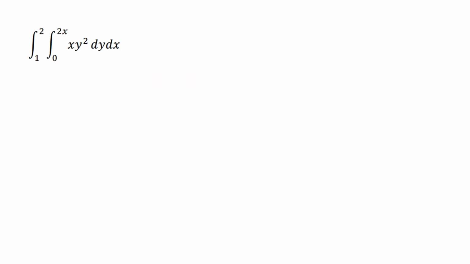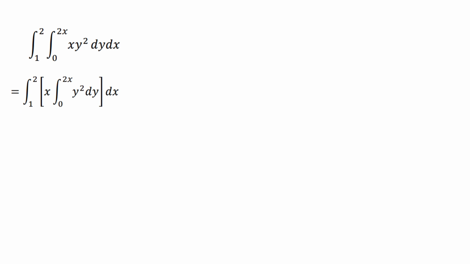Okay, let's start with the double integral of x y squared dy dx from 0 to 2x and 1 to 2. The first thing we need to do is to integrate first the inner integral, which is the integral of xy squared dy from 0 to 2x.